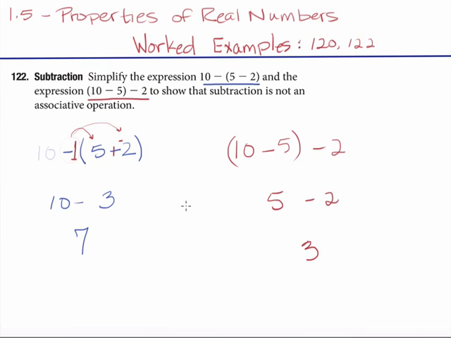And then instead of giving you two problems and asking you to do the two problems to show that division is not commutative, the question asks for you to give an example. In other words, you come up with a division problem and another division problem, which, although they have the same numbers in them, when you commute the numbers, you don't get the same answer.